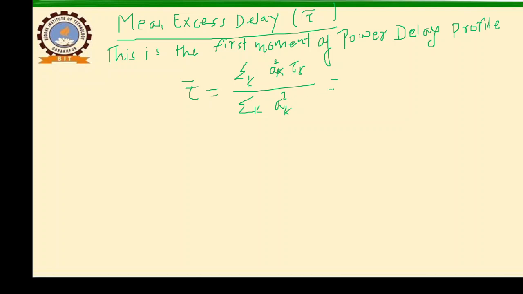That is also equal to the summation over k of the power profile P of tau of k times tau of k, over the total received power.